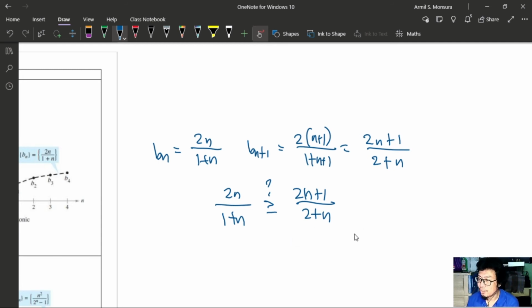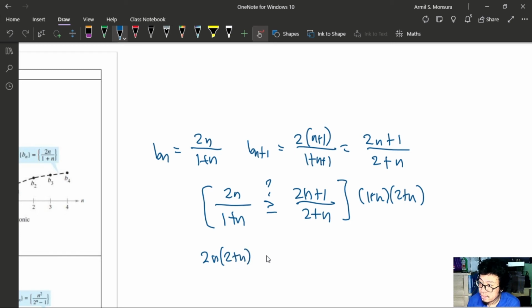So how do we proceed? Let's work on this inequality by first multiplying both sides by 1 plus n and then 2 plus n, so that the left side becomes 2n times 2 plus n, and the other side becomes 2n plus 2 and then 1 plus n.